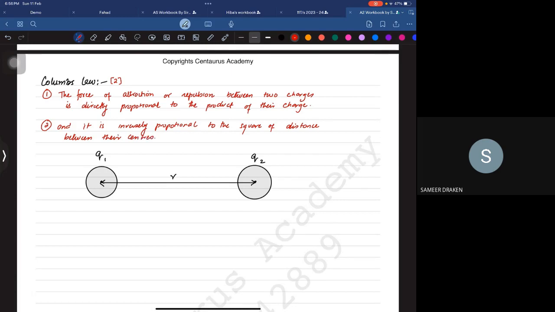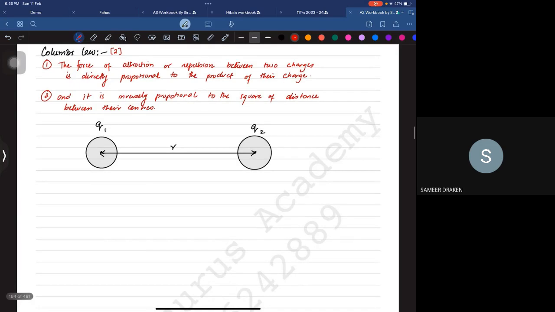Now, once you've written this, what it means is that the force that two charges experience is proportional to the product of their charges, and it is inversely proportional to the square of distance between their centers, and this is also called the inverse square law.